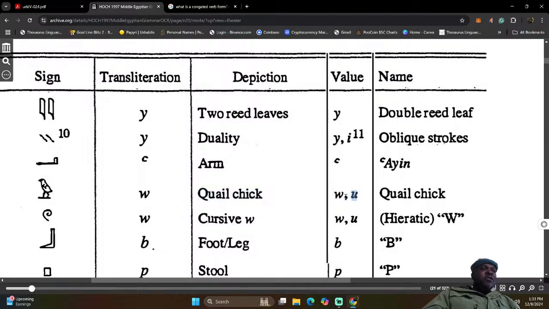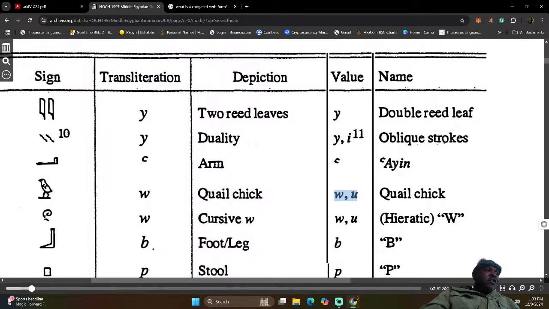Now notice a W, what's the difference between a U and a W? A W is just a U double. It's a double U. So we can clearly see how these two could be the same.